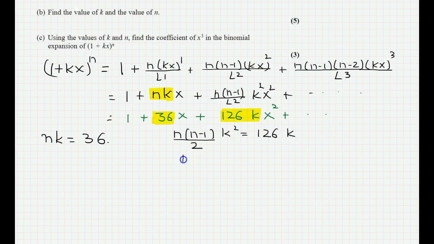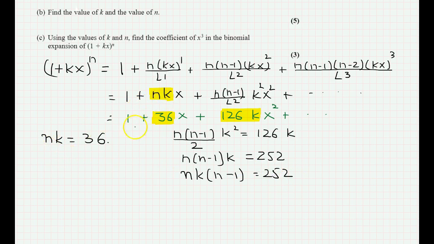If we simplify it, it will be n minus 1, this is k squared and k, so remaining 1 k is equal to this 2 multiplied there, so it will be 252. So we can write this as nk times n minus 1 is equal to 252.